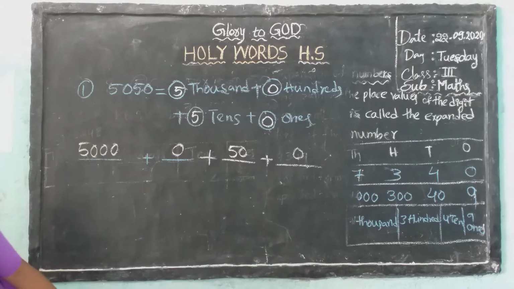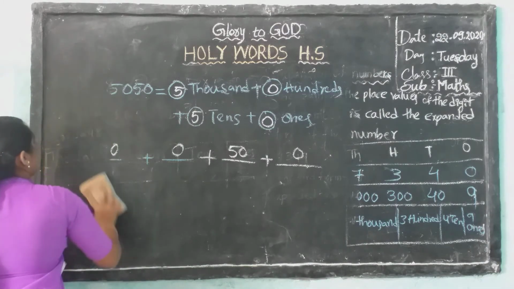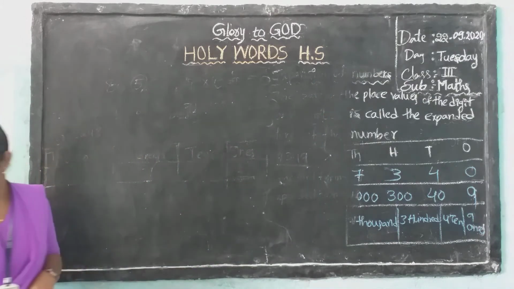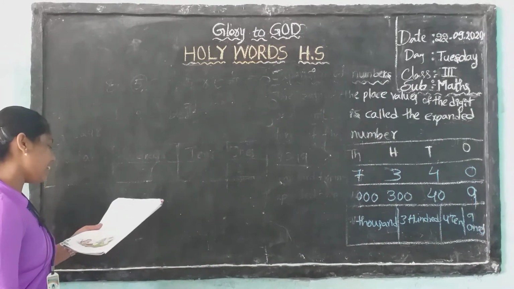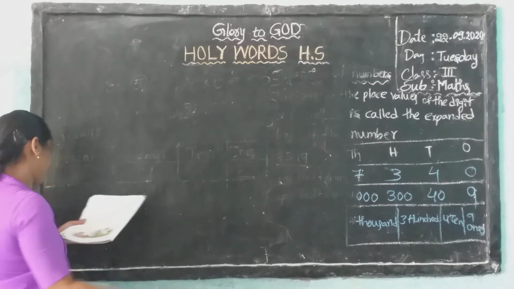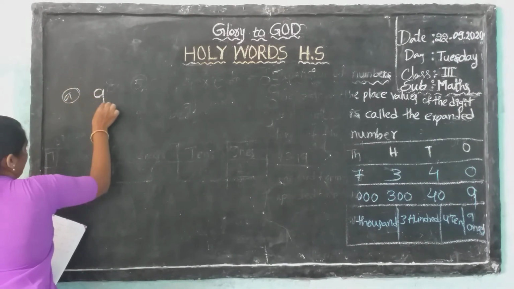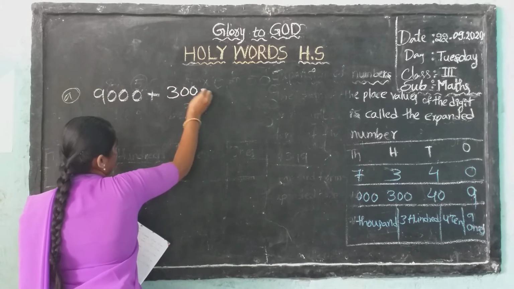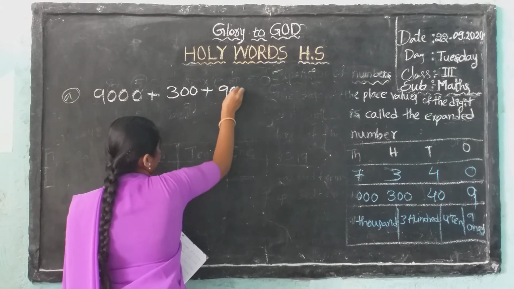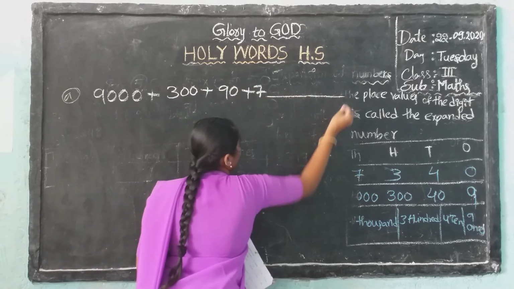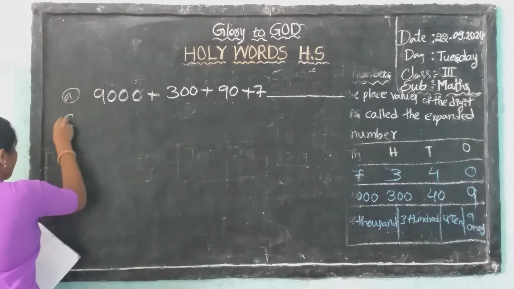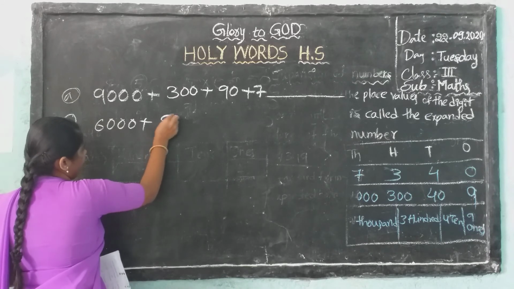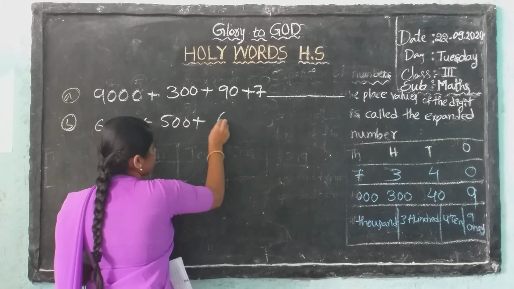Next bit. Write the numerals for the following. A problem: 9,000 plus 300 plus 90 plus 7. B problem: 6,000 plus 500 plus 6.